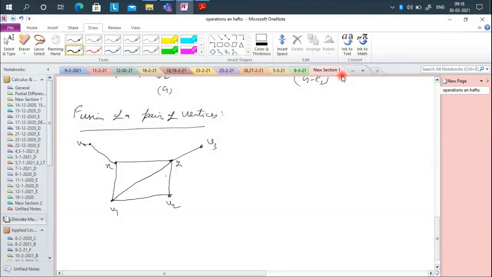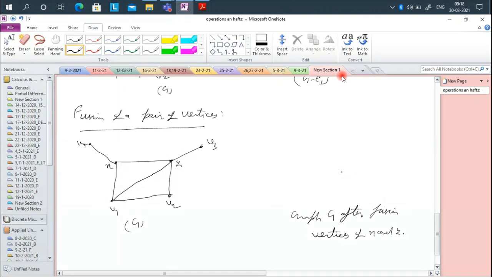Okay, these are the vertices. Here we apply the fusion of the pair of vertices x, y. So what is the graph? This is your graph G. Graph G after fusion of vertices x and y.